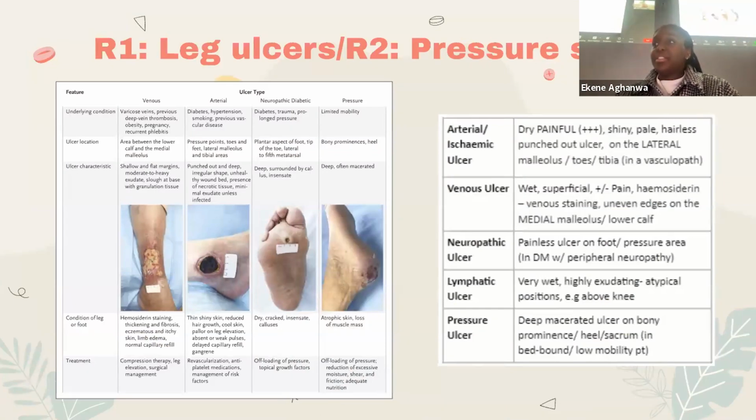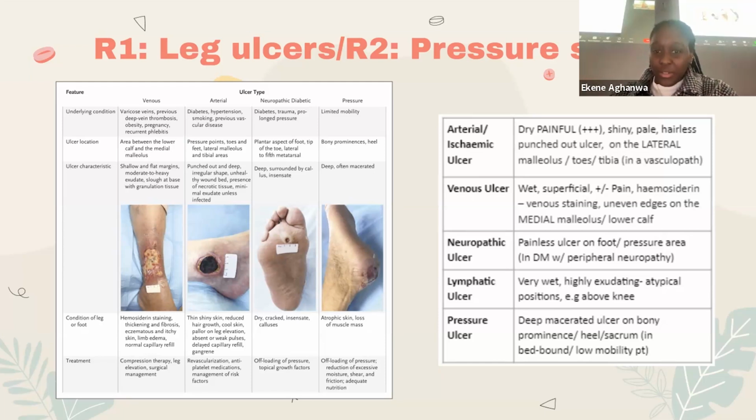It's good to be able to identify what type of ulcer they're talking about, depending on the way that they describe it. Arterial / ischemic ulcers are going to be described as dry, quite painful, and they always talk about a punched out appearance. So it looks like it's been punched out. Whereas a venous ulcer looks quite wet.